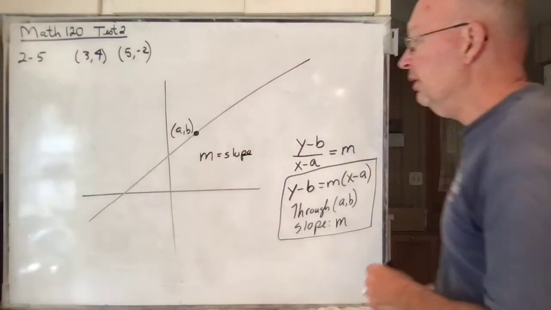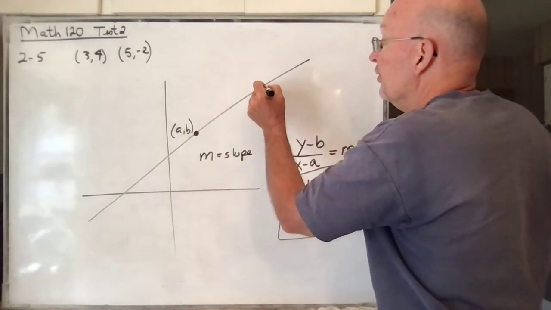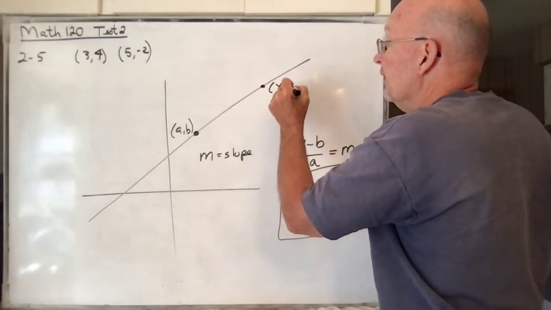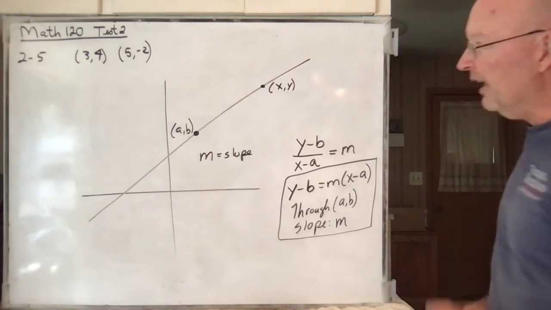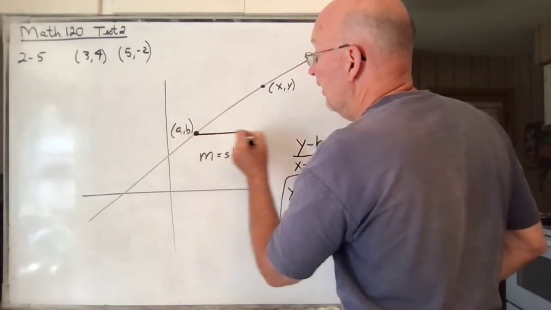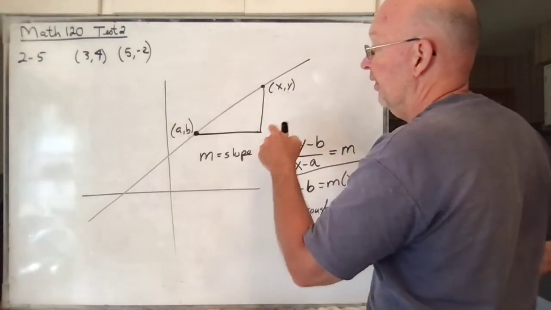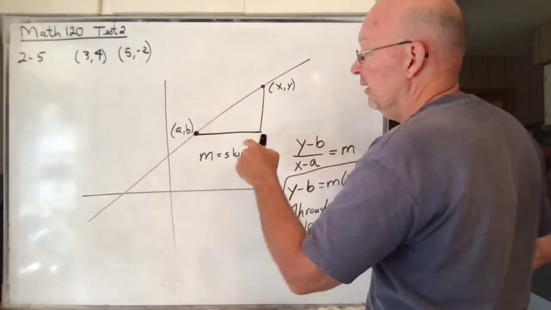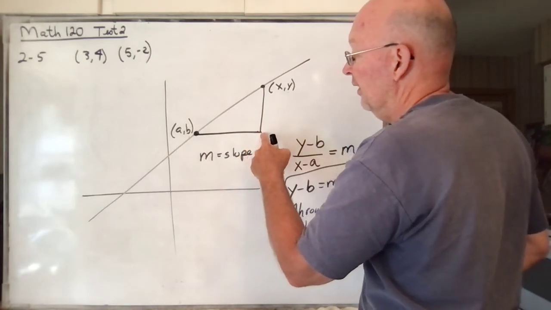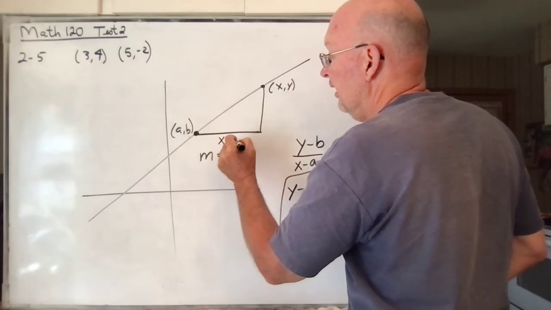So you say, okay, I want the equation of the line. So I choose a point (x, y) that's going to be on the line as well. The slope from here to here is going to be: this is x and this is a, so this is x minus a.